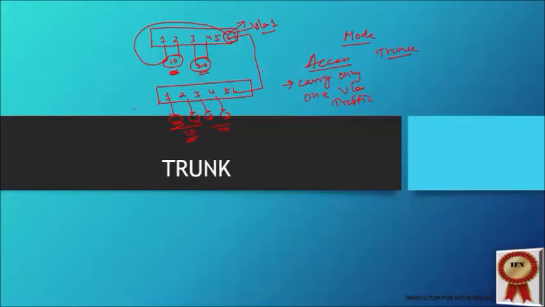The meaning is, if you configure any port as access, that particular port will be part of only one VLAN. That VLAN can be 10, 20, 30, whatever it is, but only one VLAN. If you configure a port as a trunk, it will carry multiple VLAN traffic.